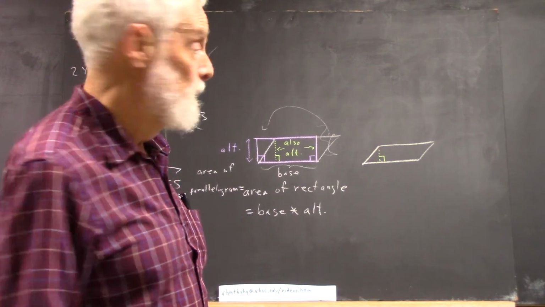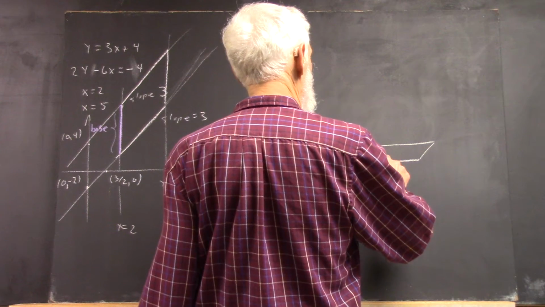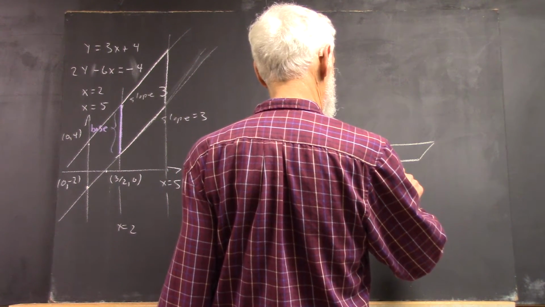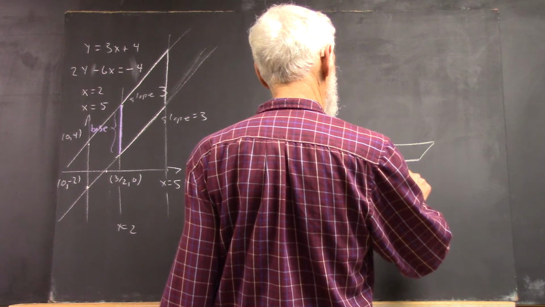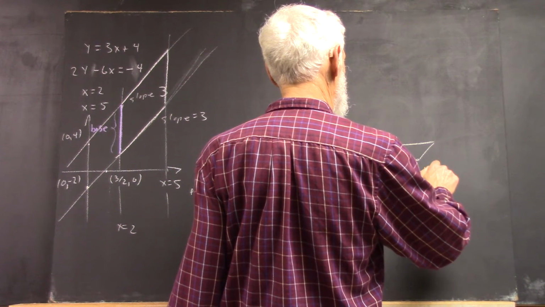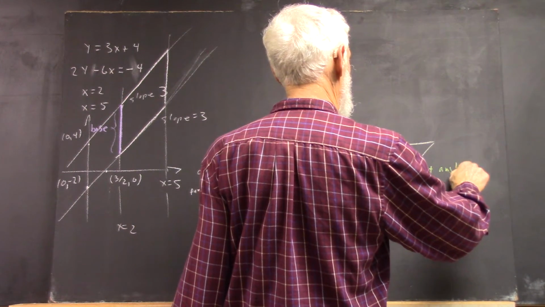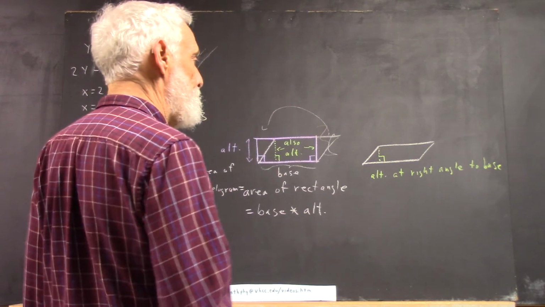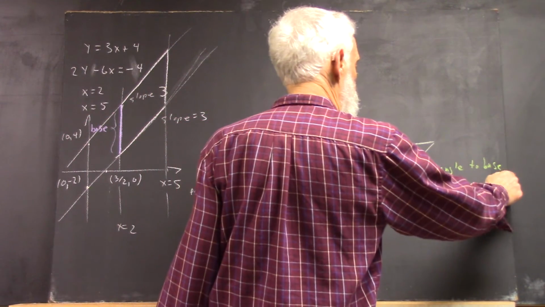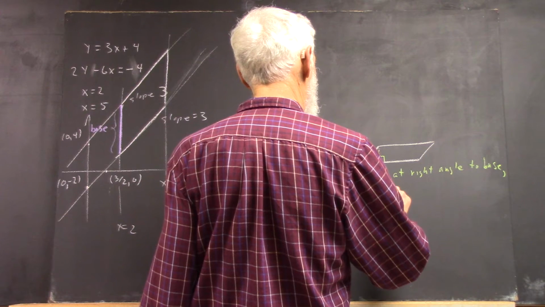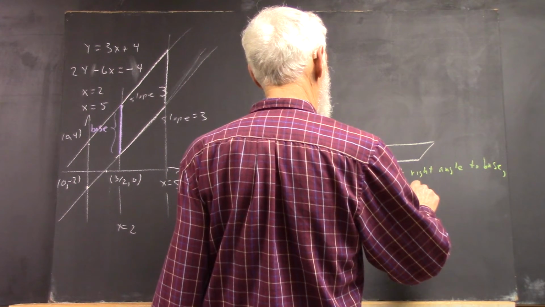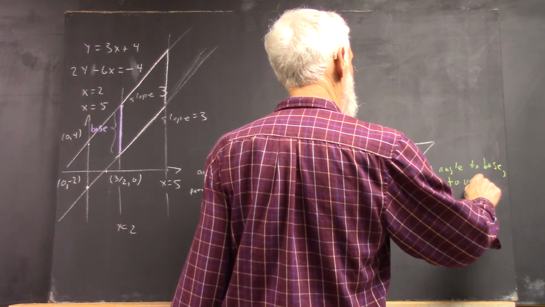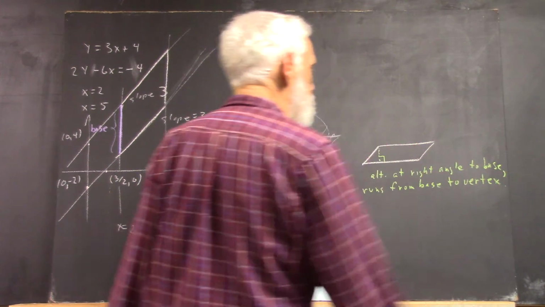So now we use this altitude, and we'll say the altitude's at a right angle to the base, and it runs from the base to a vertex.